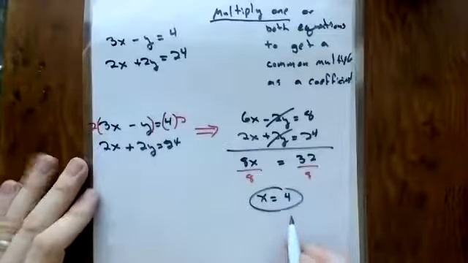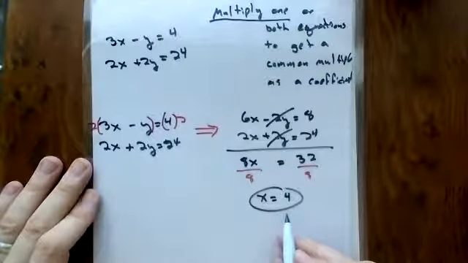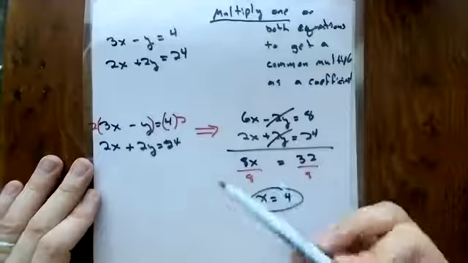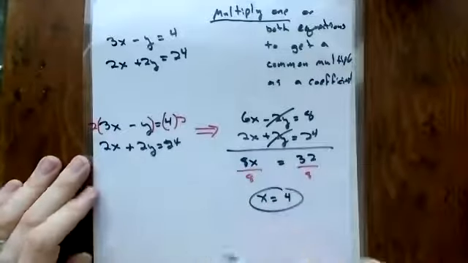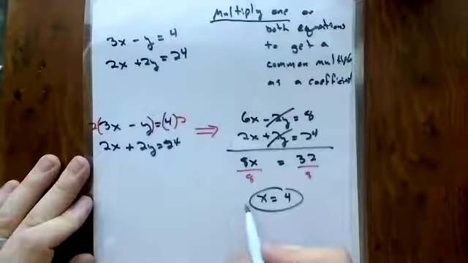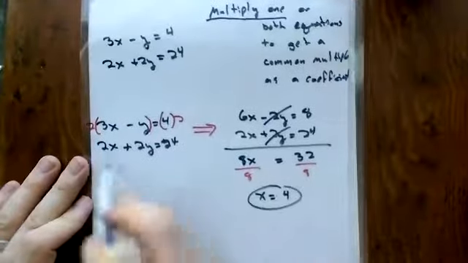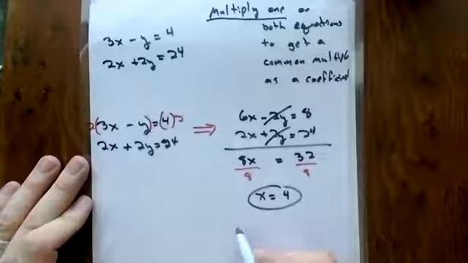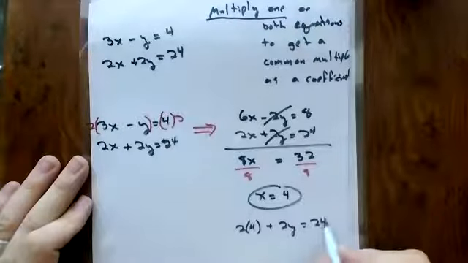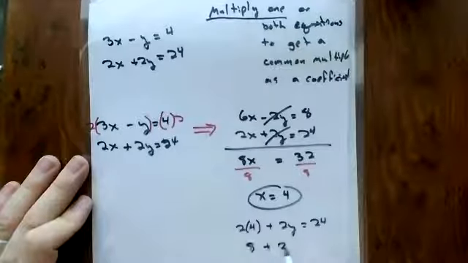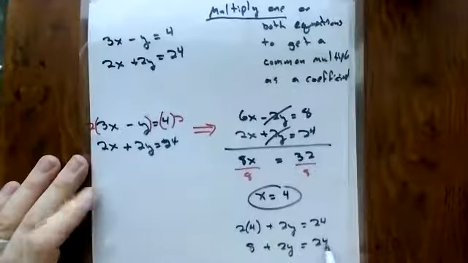So we've got this one done. Now we can back substitute into either one of our original equations. I'm going to substitute it into the second equation here. So I've got 2x plus 2y equals 24. So I'll have 8 plus my 2y equals 24.